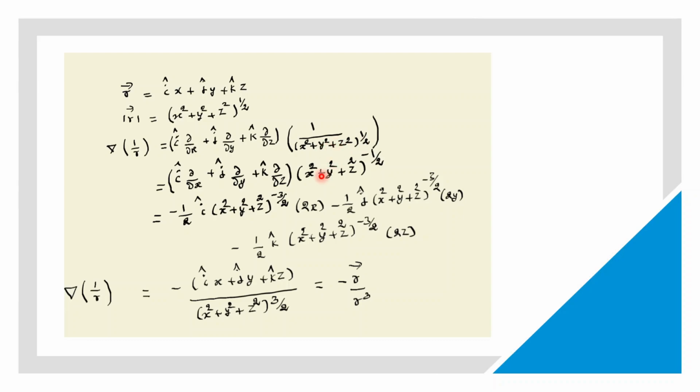Now bring this term to the numerator, then power half is changed into minus half. Now allow the gradient operator to operate on the terms. After simplification, you get minus of i x plus j y plus k z. This is our r vector, with a negative sign. This is our r cube, since the value of r is x square plus y square plus z square power 1 by 2. You know that gradient of a scalar is a vector. So finally we have arrived at a vector.